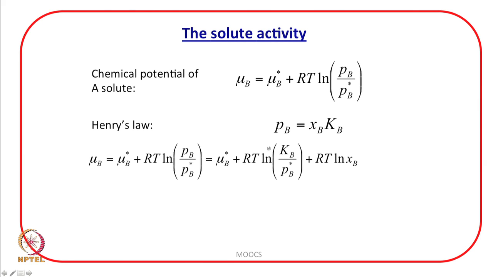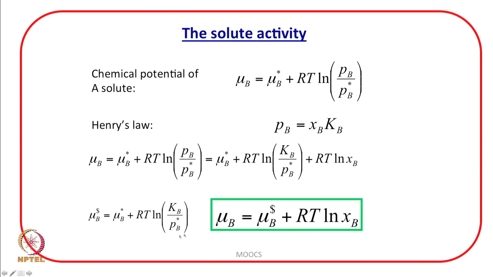Because KB is a constant and PB star is a constant, I can combine these terms. When I combine mu B star plus RT log KB by PB star, and let me write this as mu B dollar, the resulting equation will be mu B is equal to mu B dollar plus RT log XB.